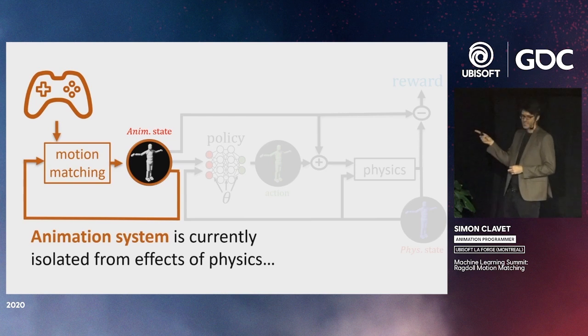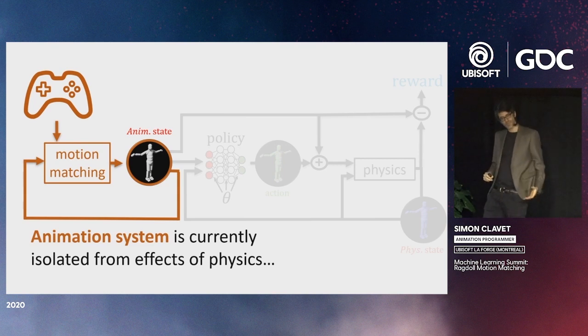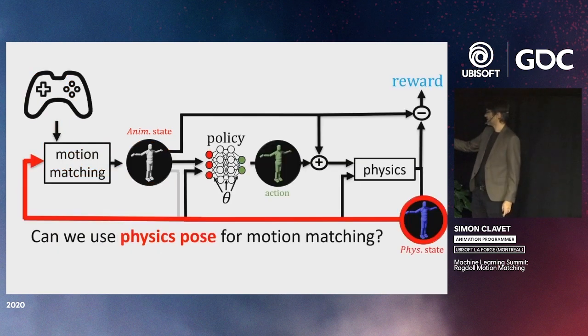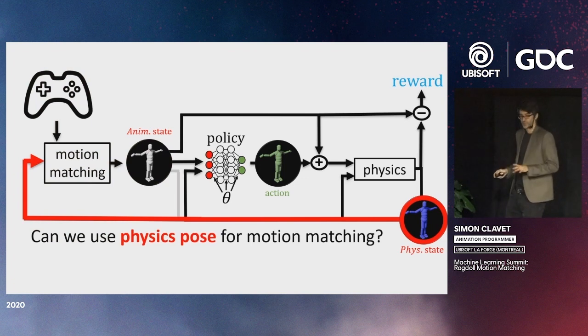See, the problem with this is that the animation system is completely isolated from physics. So to get a get-up, like the fall and get-up, if we have that in our database, to actually pick up the get-up, we need to feed back the physics inside the kinematic part. And that's the next part. But that's just a subject for another talk, maybe.